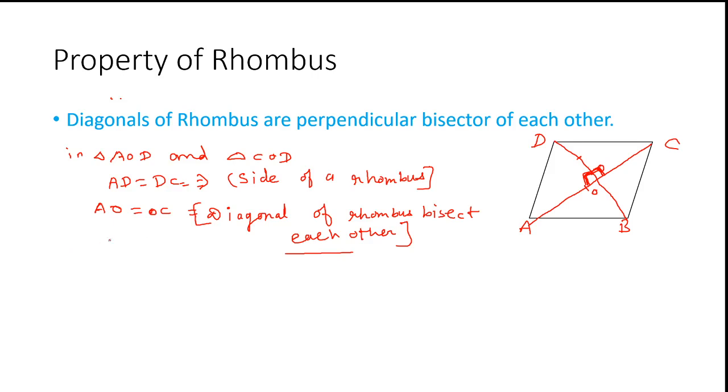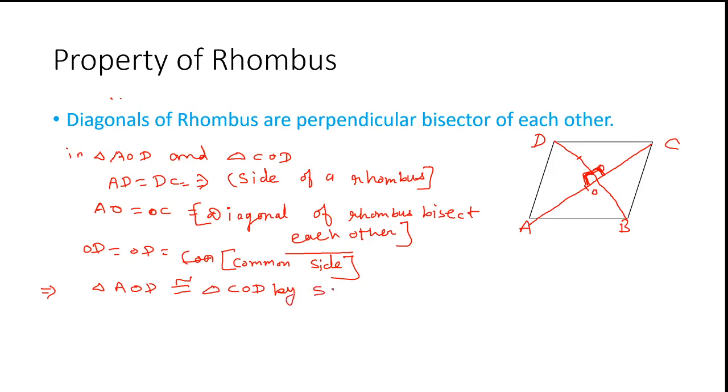Now OD is equal to OD. Common side. This is a common side. So in this way, this implies that triangle AOD is congruent to triangle COD by SSS congruence property.